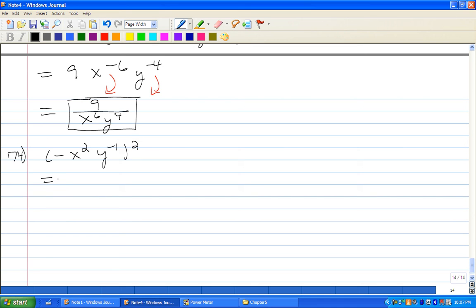So let's raise each of these to the power 2. So this is negative 1 squared, x squared squared, y to the negative 1 squared.